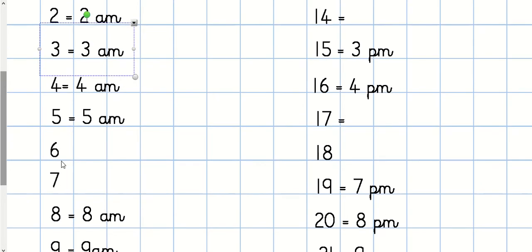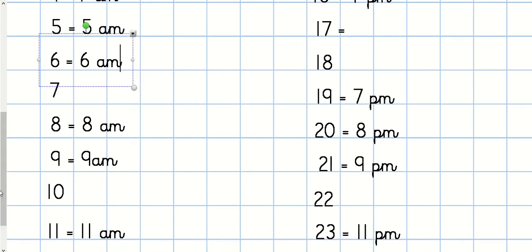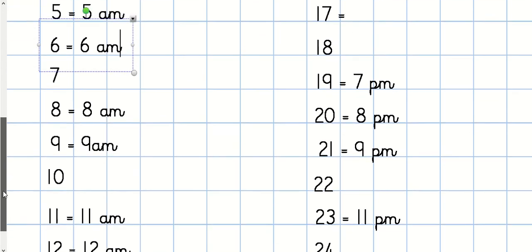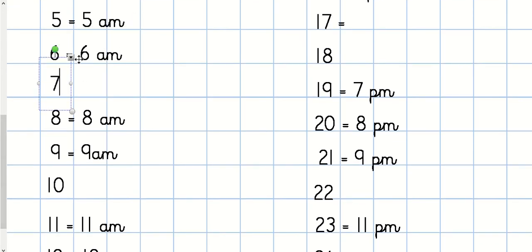What about 6? That's right, 6 AM. And what about 7 and 10? Can you fill in those two blanks for me? That's right, it's 7 AM and 10 AM.